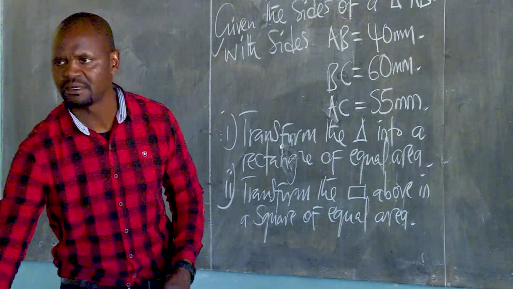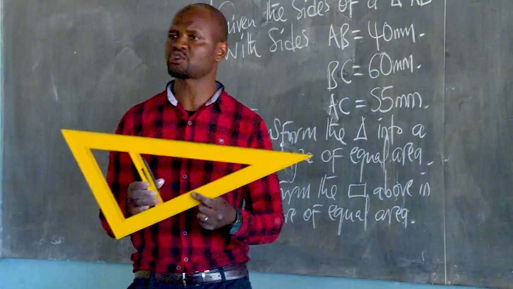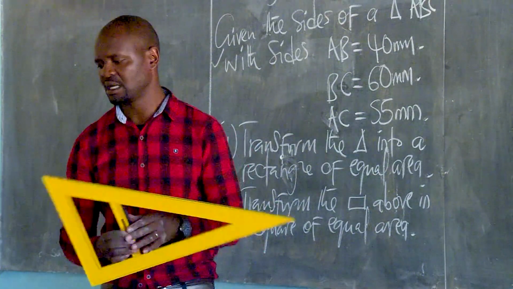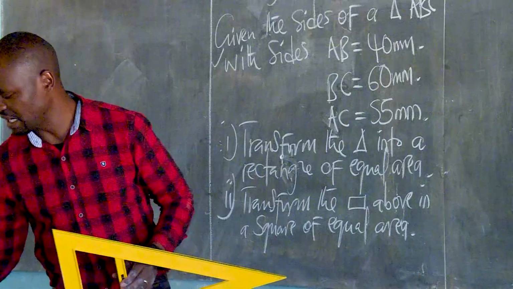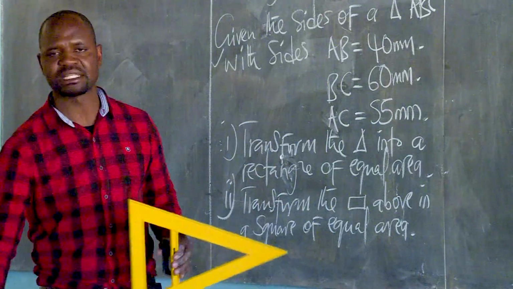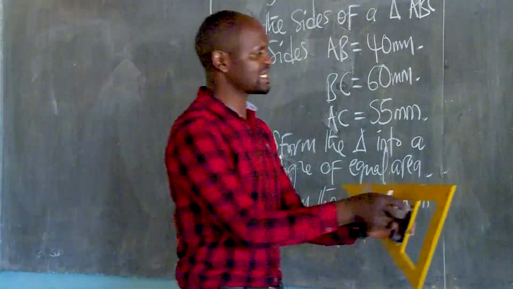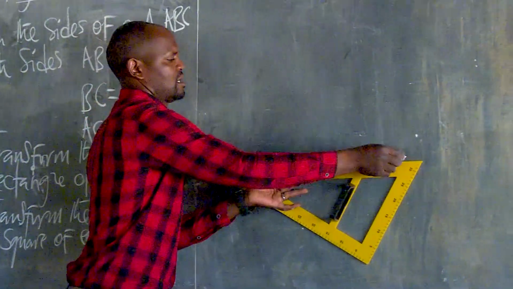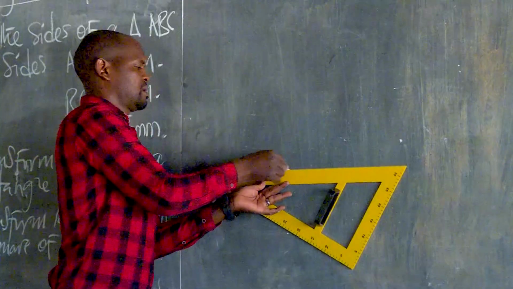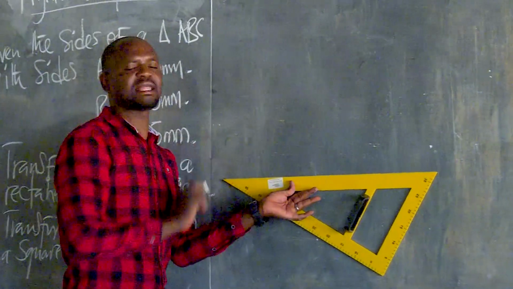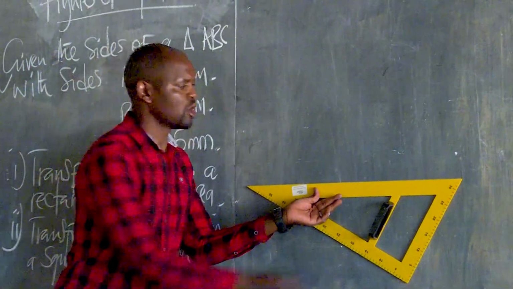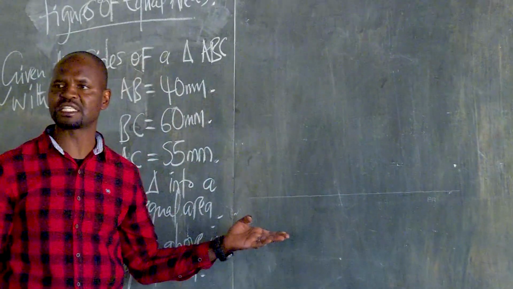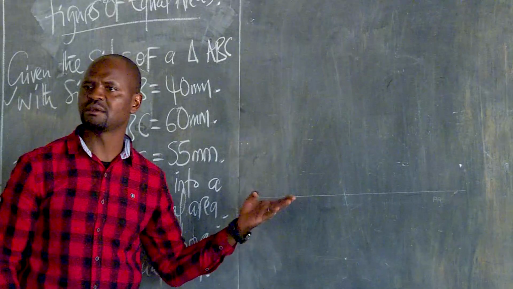So I'll get my set square, or if you want, you can get your ruler. I'll get my set square and draw the baseline. So this baseline, I'll draw it like this here. So this baseline is along this line that there is my point A and B.